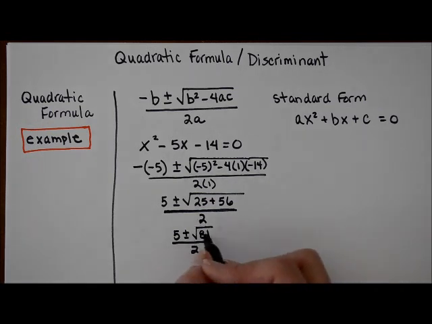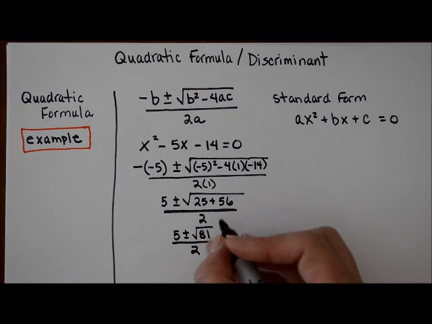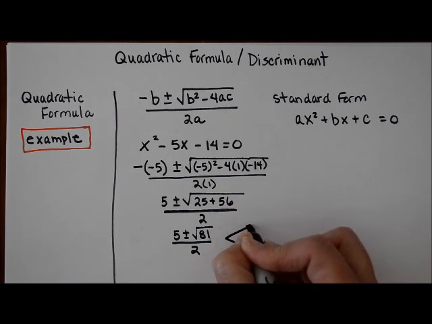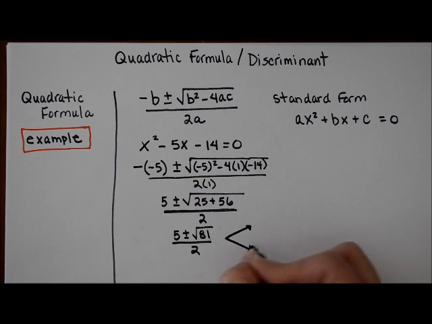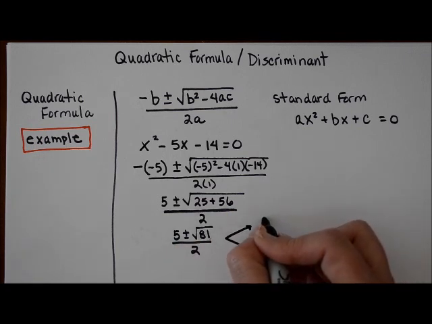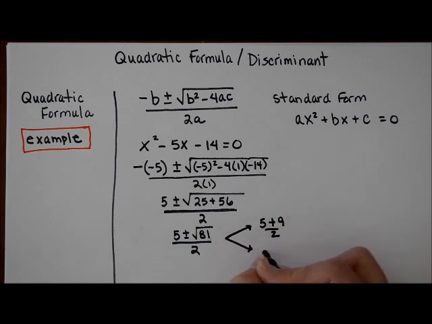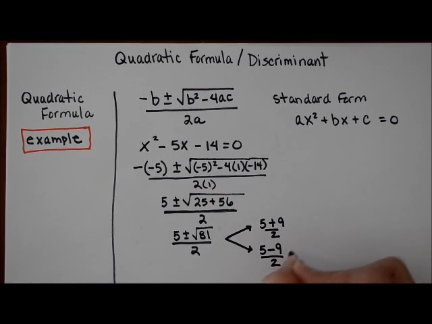But right here, what we have is this thing branches off, right? Because I have 2 possibilities. I have 5 plus square root of 81, which is 9, all over 2. And I have 5 minus square root of 81, which is 9, all over 2.